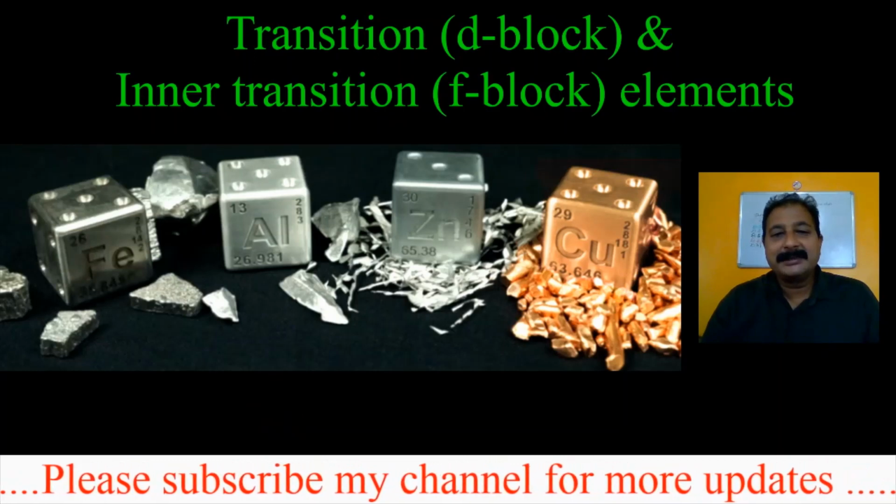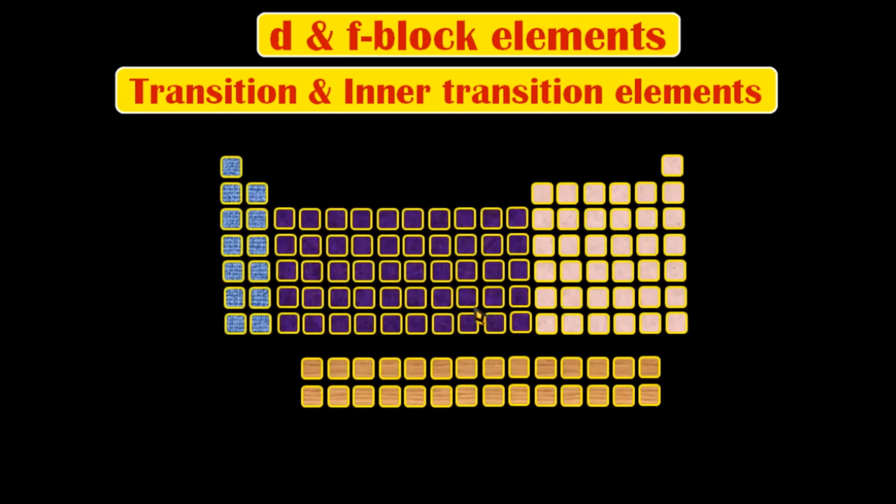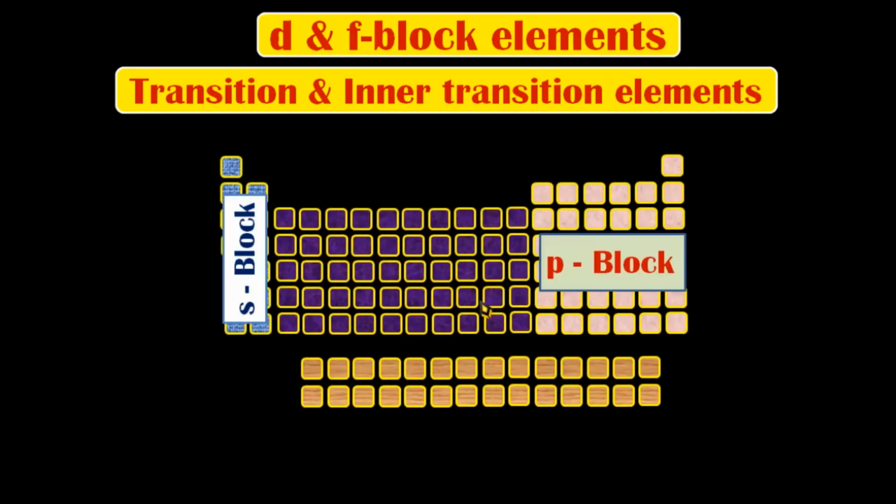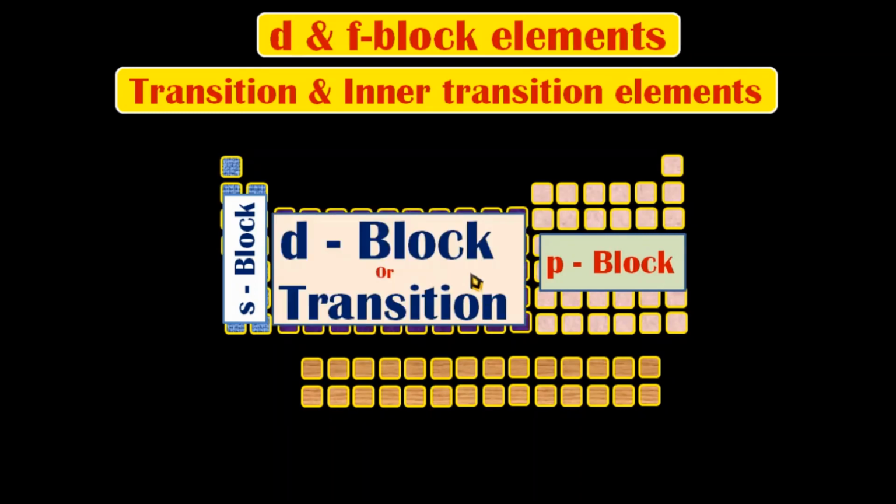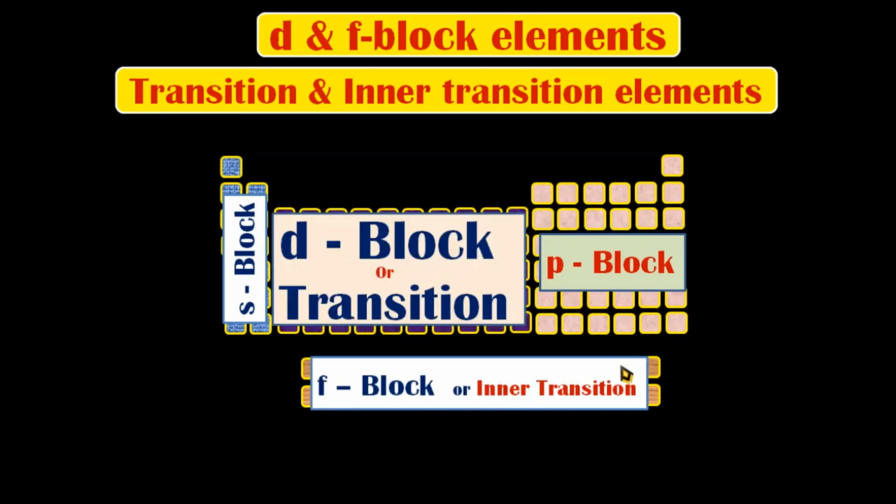So let's begin. Here we start with D and F block elements. In the periodic classification of elements, the elements have been broadly divided into four blocks, namely S, P, D, and F. Like this: S, P, D, which are called the transition elements, and the F, that is the inner transition elements.